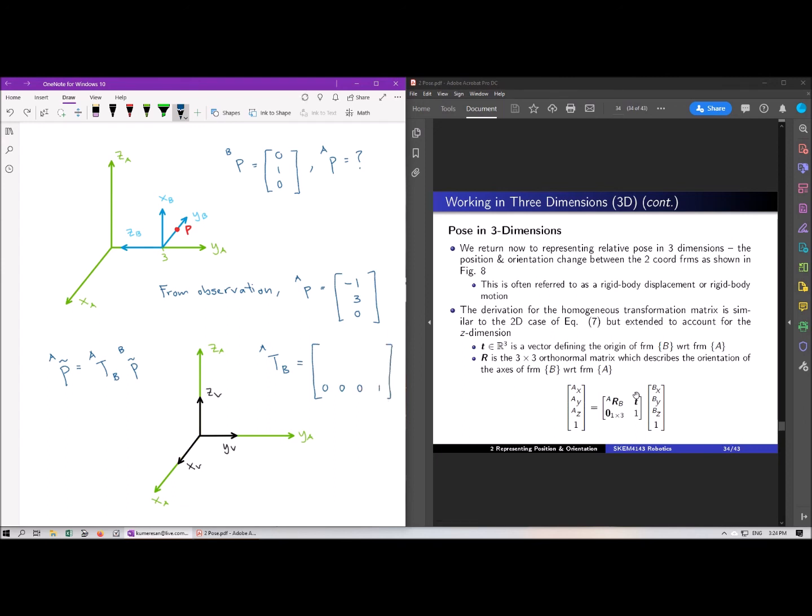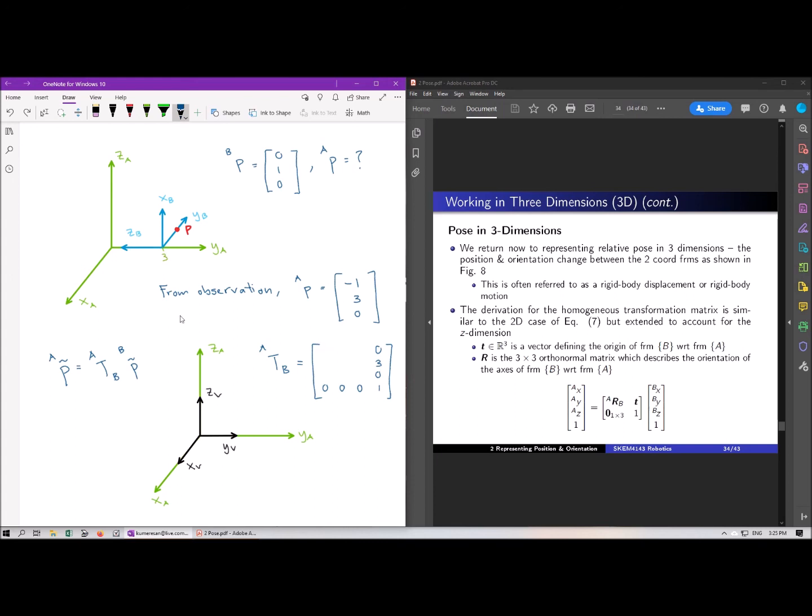T, as before, is the position of this origin with respect to coordinate frame A. What is it? We know it is 0, 3, 0, because there's no x component, the y component is 3, and the z component is 0.